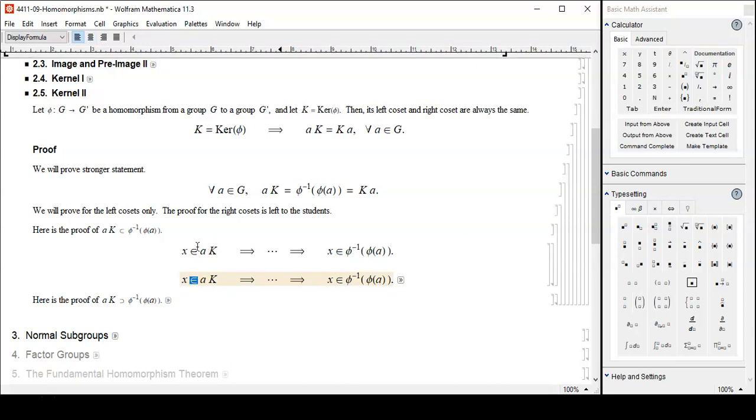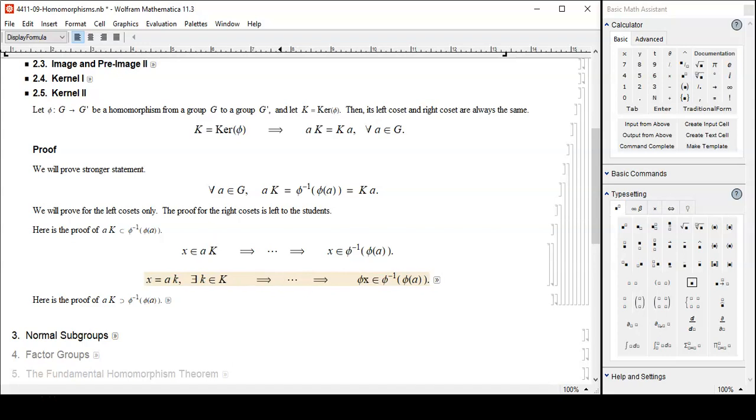That means this coset is a set of all elements of a times some element of K. So x is some a times k like this, and then somehow we have to prove x belongs to the inverse image, or the preimage.